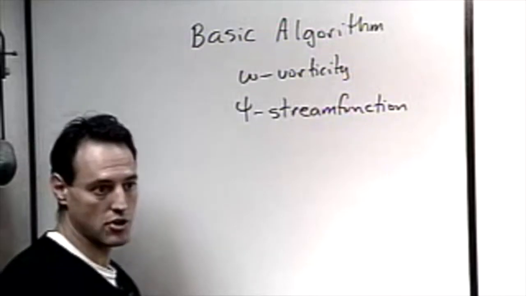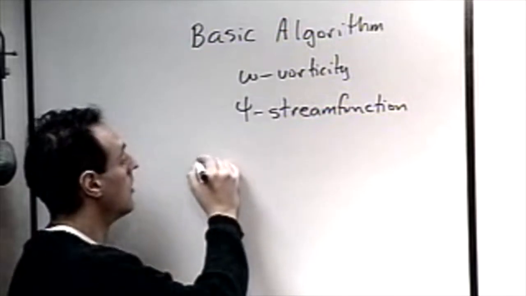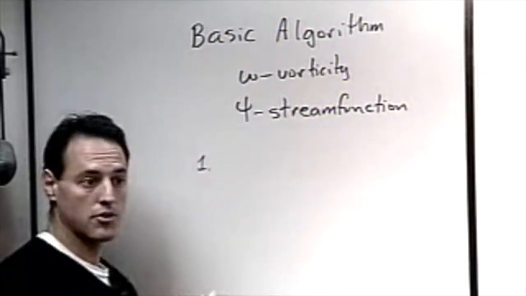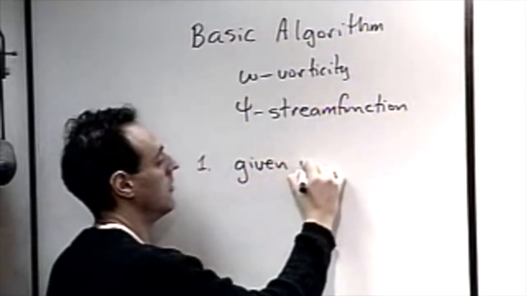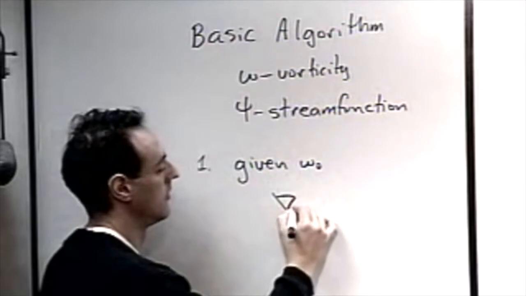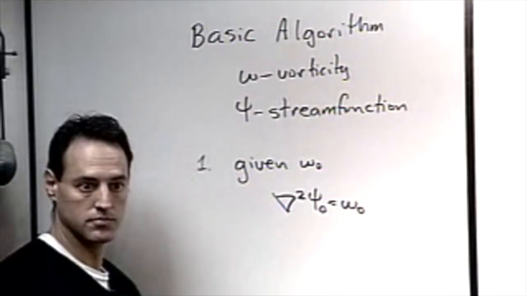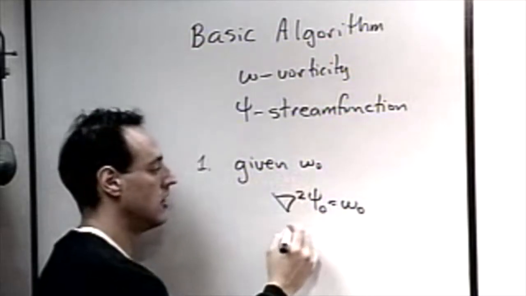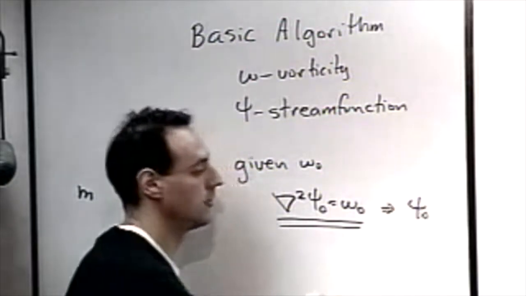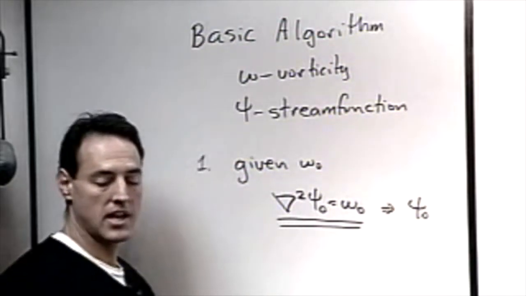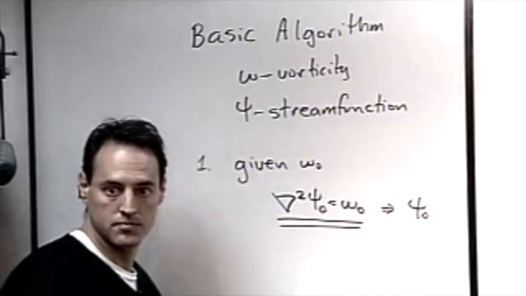Well, first of all, we start off with an initial vorticity. So the way this algorithm works, I know what the initial vorticity is. Great. So if I know the initial vorticity, then I can calculate an initial stream function. If you're given this, this tells you how to calculate your stream function. I now have my stream function and vorticity at time t equals 0.